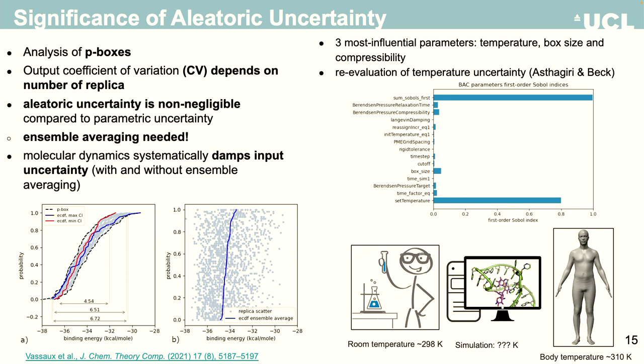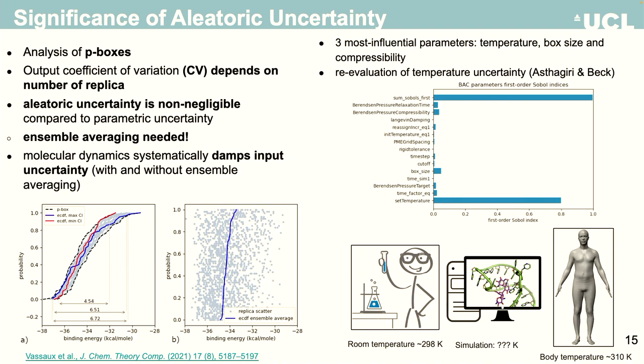But there are some others that do matter, and this is the result of doing an uncertainty quantification on the 12 or so parameters that looked the most of concern from sensitivity analysis. And it turns out, and it's not really surprising, that the temperature is the dominant one.